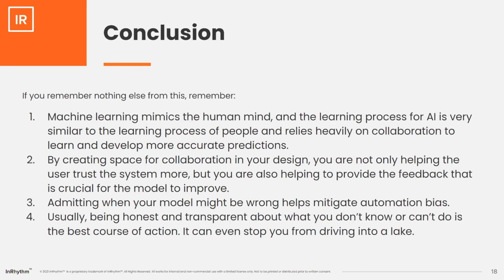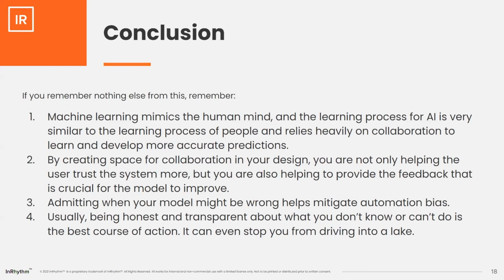So as designers, as developers, as product owners and managers, the more that we can do to design these affordances into our products, where we can enable collaboration back and forth between user and machine, the better the experience is going to be for the user, but it's also going to result in more accurate predictions, right?